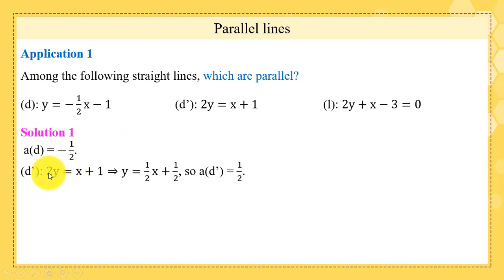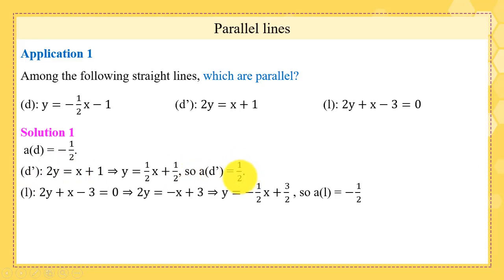Divide all the members by the coefficient of y, which is equal to 2, to get y equals half x plus half. Then the slope of D prime equals 1 over 2. To find the slope of L, isolate y to get y equals minus x plus 3. Divide by the coefficient of y all the members.